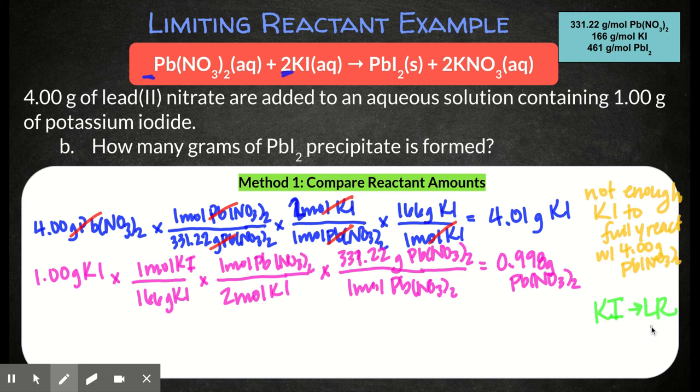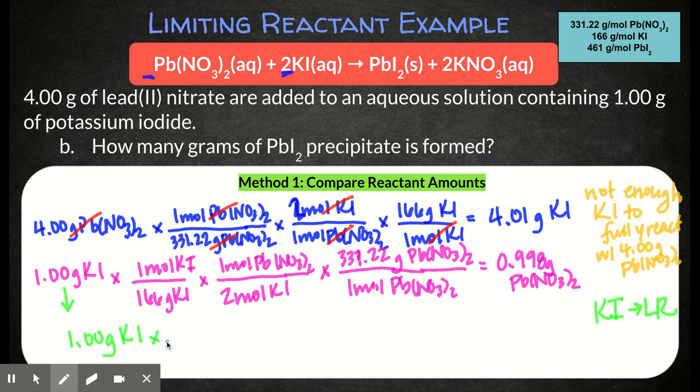So I'm going to write LR to indicate that's my limiting reactant. And so I can use the fact that KI is my limiting reactant to determine how many grams of PbI2 I'm going to form, because potassium iodide is what is going to run out first. So that's what I need to start with. I'm going to start with my 1.00 grams of KI.